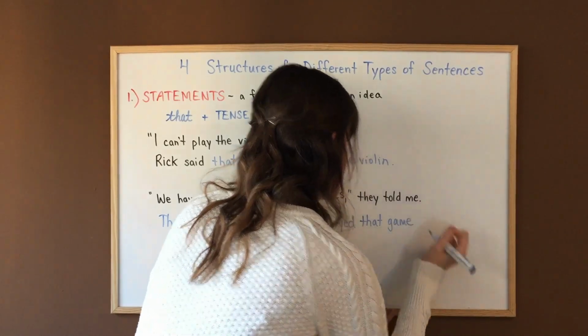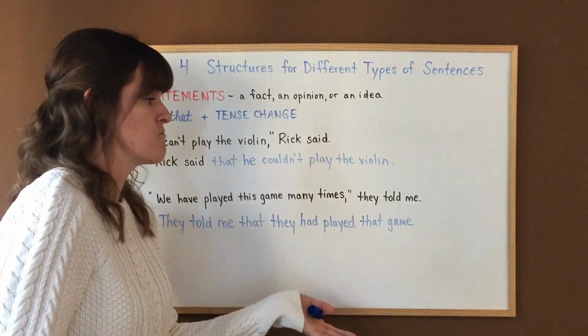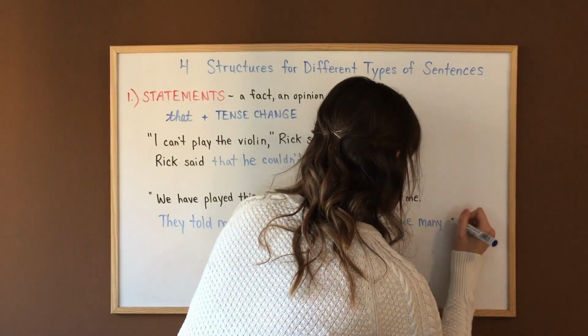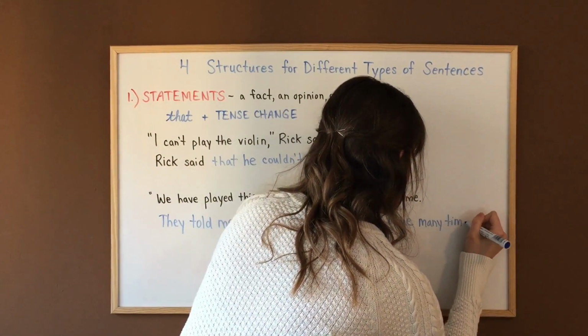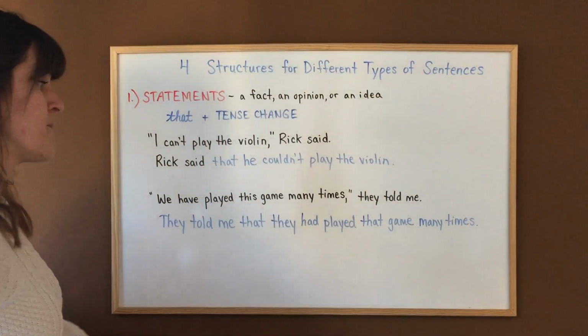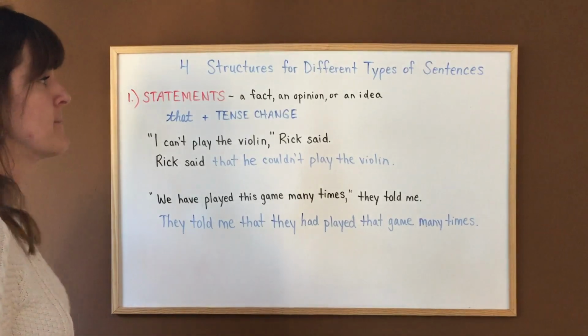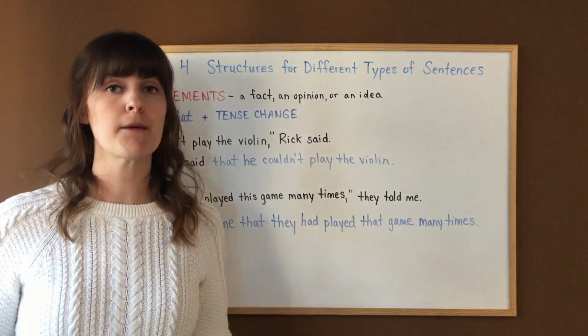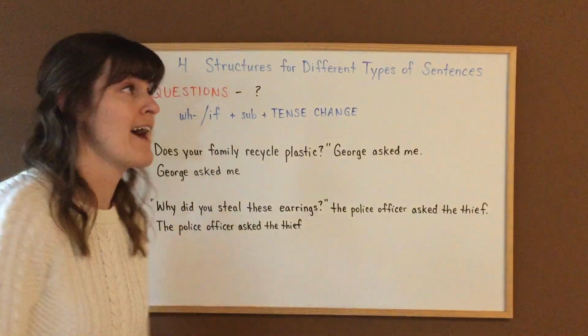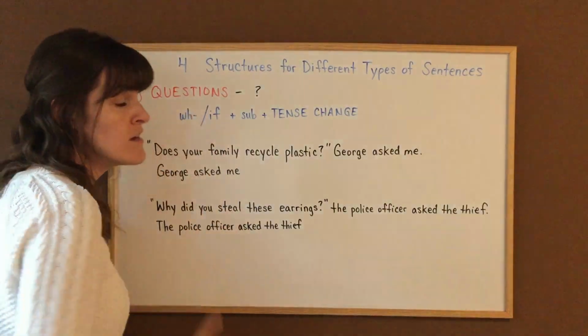That game. Many times, nothing to change here. You copy it just as it is. They told me that they had played that game many times. Bada bing, bada boom. Okay, number 2, we have questions.